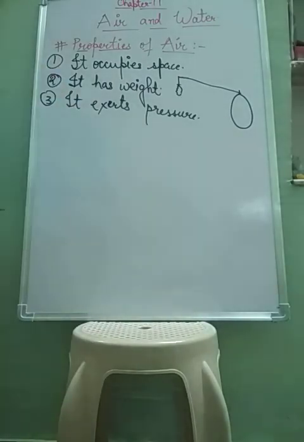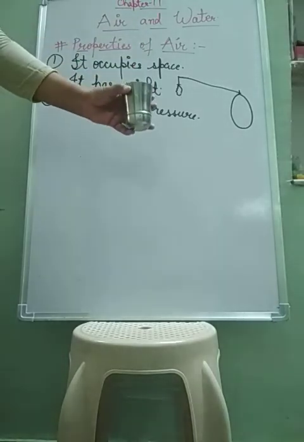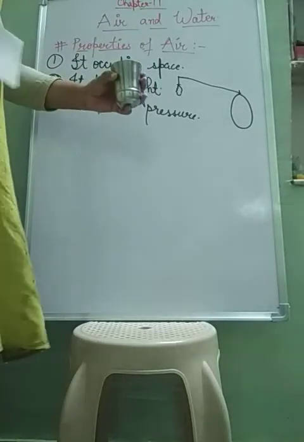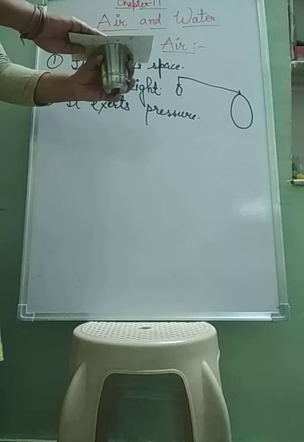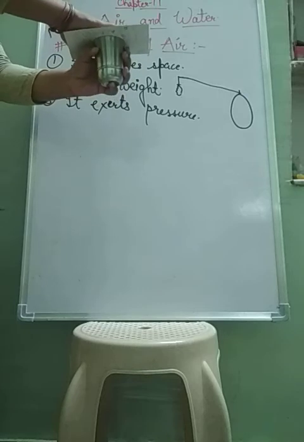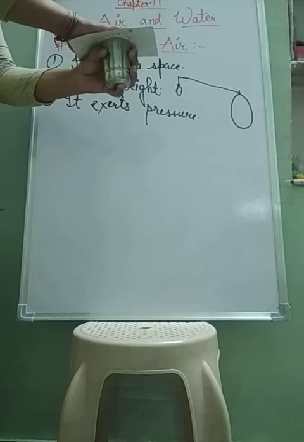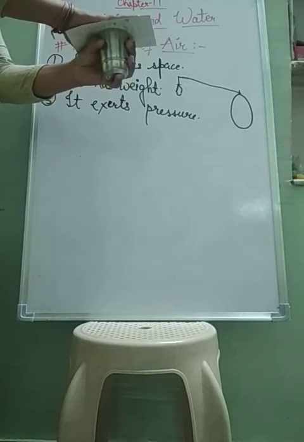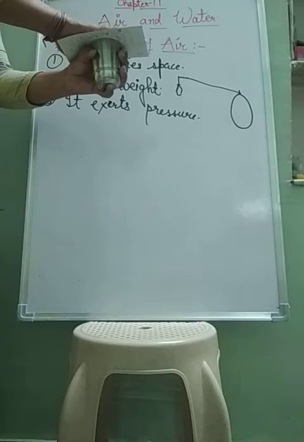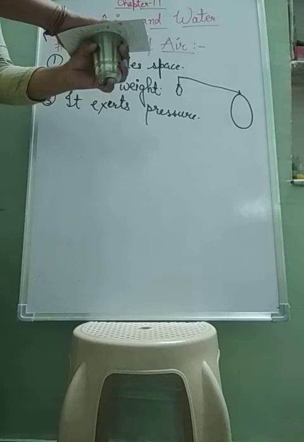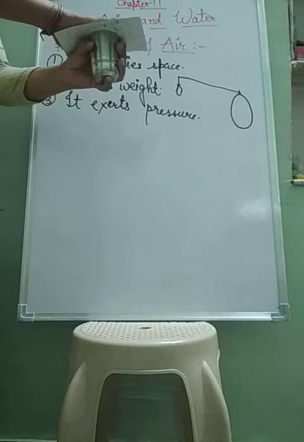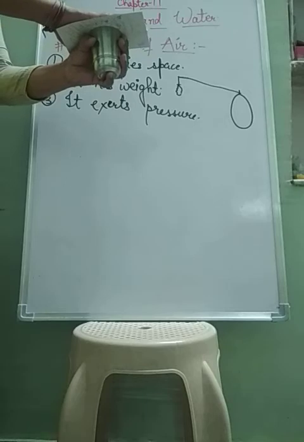I will hold this glass, and then put this cardboard on it for a second, like this. Just make sure that the cardboard is tight enough with the glass rim. The glass surface should be very tight.